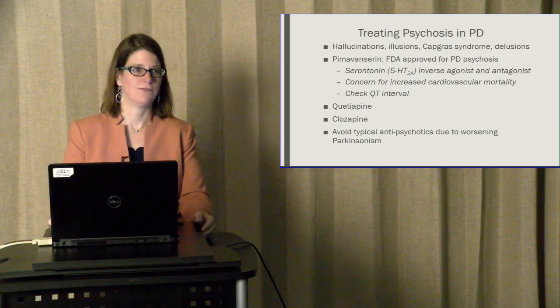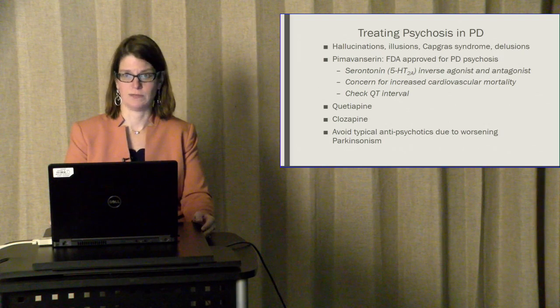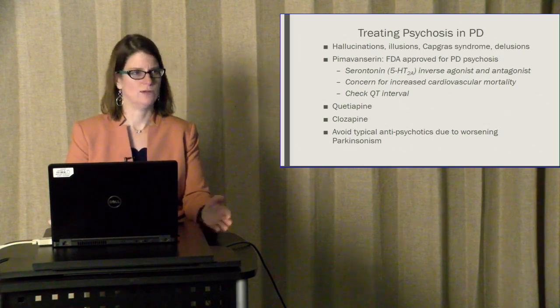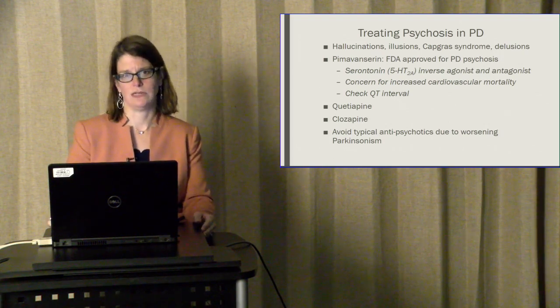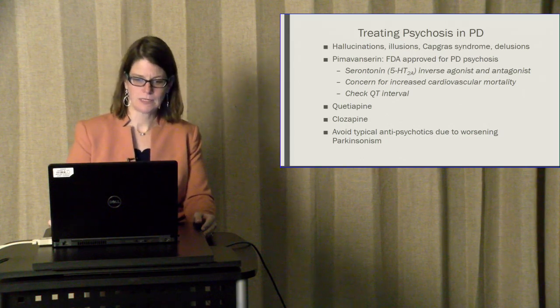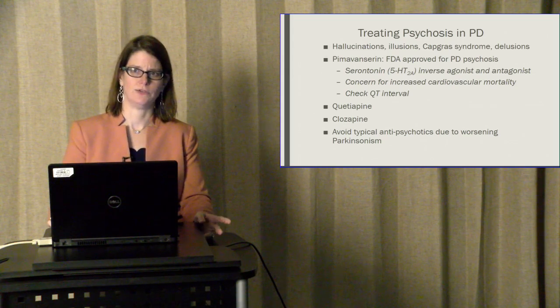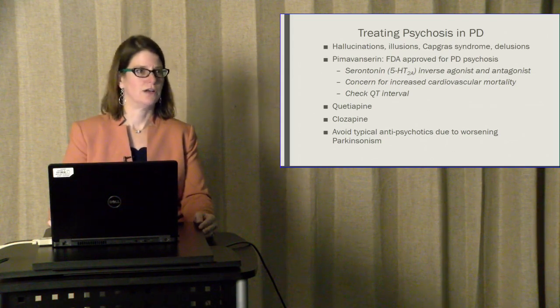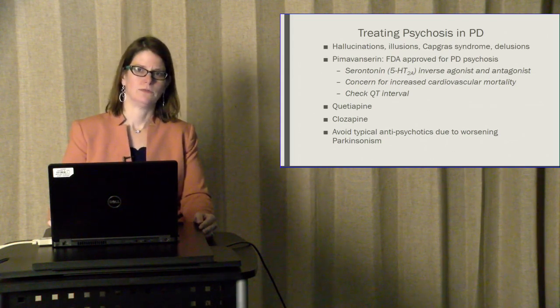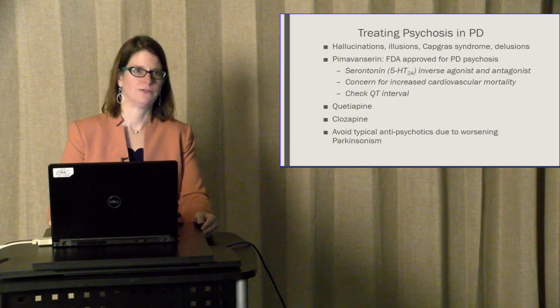If they can't function because of their terrible hallucinations, sometimes you have to take the risk. We always do an EKG ahead of time to see if the QT interval is prolonged. And then quetiapine and clozapine are the only two antipsychotics that don't cause Parkinsonism. And so with clozapine, you have to do a lot of blood monitoring.